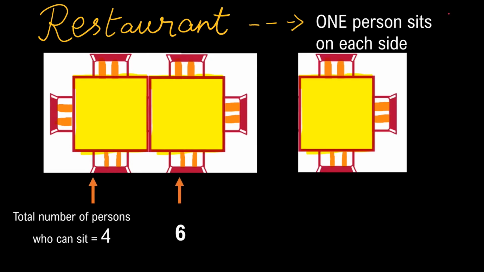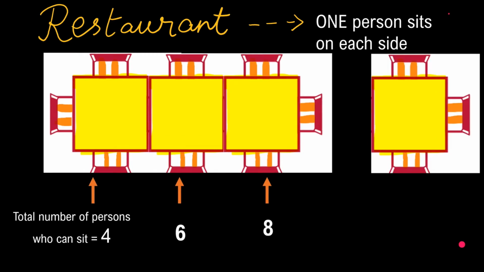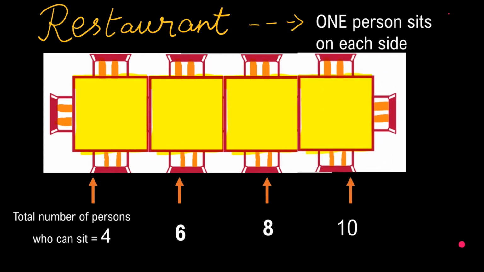Similarly, if you arrange another table and your family is further larger, or more friends have come, then if you arrange a third table, the number of persons that can sit around this big table is 8, right? Similarly, if you arrange it further larger, then the number of persons that can be accommodated is 10.